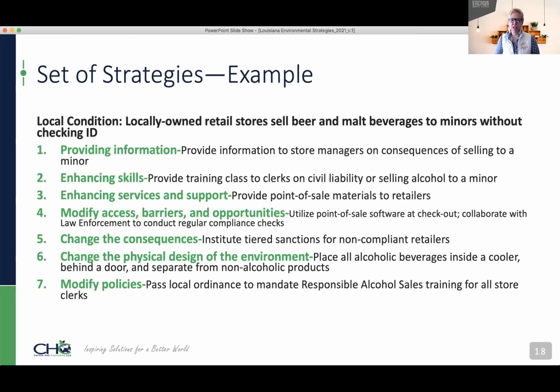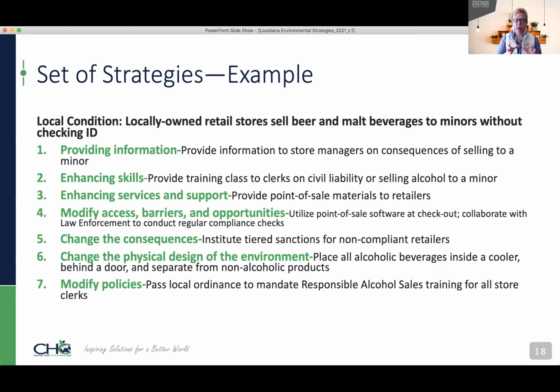Changing the physical design of the environment might look like placing alcoholic beverages inside a cooler, behind a door, and separated from non-alcoholic products, so that you have to go to a specific area of the store that might be mirrored so that the clerks can see what's happening in that area of the store. Or it's away from the kid drinks where kids are commonly passing by to pick up something for themselves.